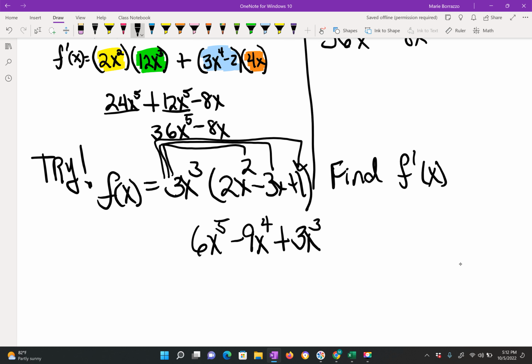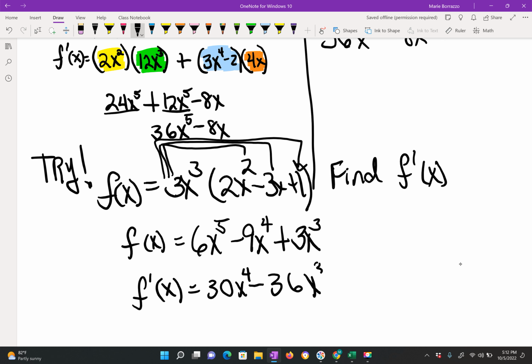Do we agree on that method? And that's just the product. That's not even the derivative yet. The first derivative now is simply differentiation of this, which is 30x to the 4th minus 36x to the 3rd plus 9x to the 2nd. I know you missed something there, but it's good.